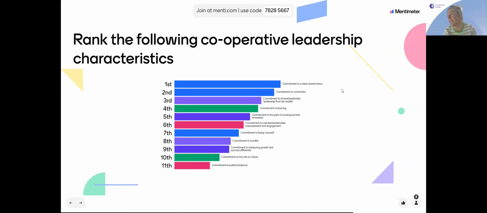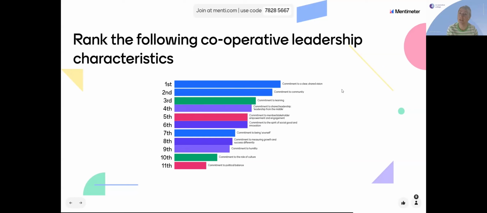But the commitment to clear shared vision is staying very strong at the top there, suggesting that a lot of people in this session agree that it's one of the most important characteristics when it comes to cooperative leadership. And then of course we've got that commitment to community as well, because that's a huge part of it. Without that community we wouldn't have cooperation. And the commitment to learning, very, very important.